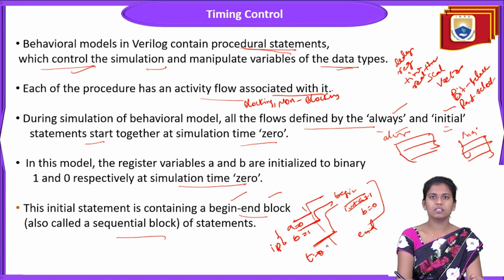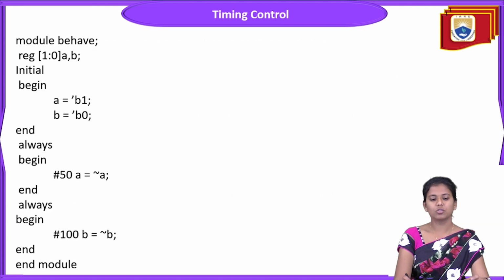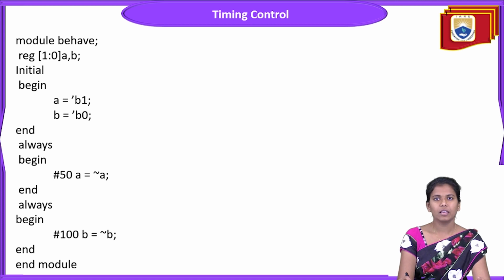So all the initializations of the inputs can be given only in the begin and end block. This is a particular example, in which we will see how the initialization of the inputs can be made, with respect to the always and initial blocks.